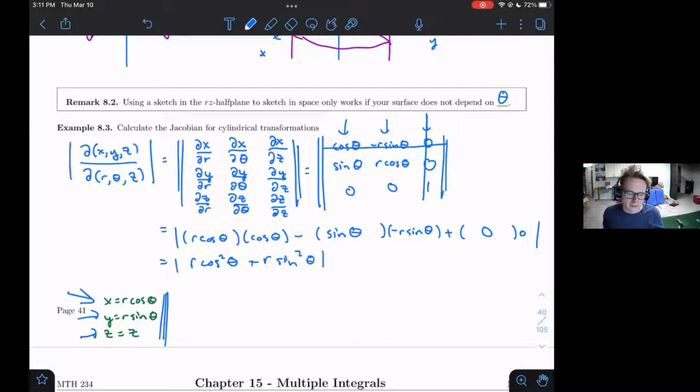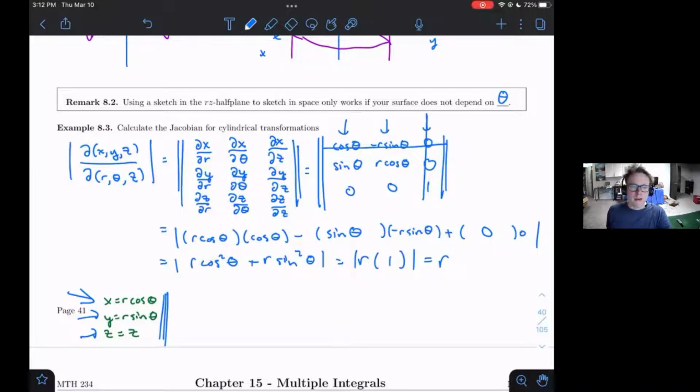And if I factor out the r from both of these, I'm going to have cosine squared plus sine squared. And so, of course, cosine squared plus sine squared is the same thing as 1. Because we're only allowing for positive r's, the absolute value isn't going to be doing a whole lot.